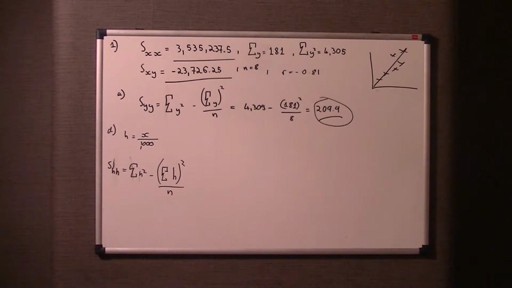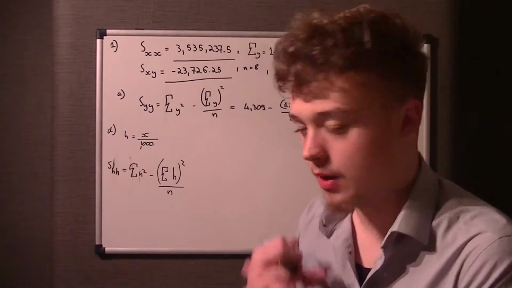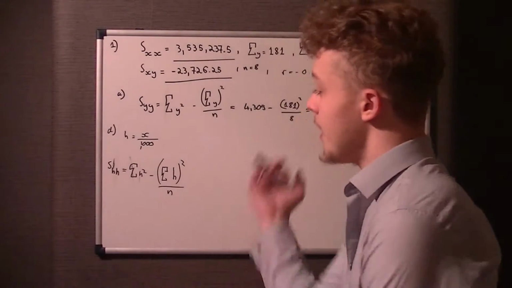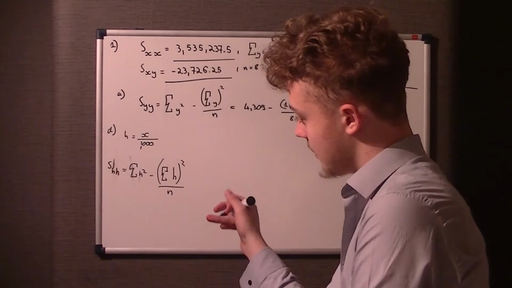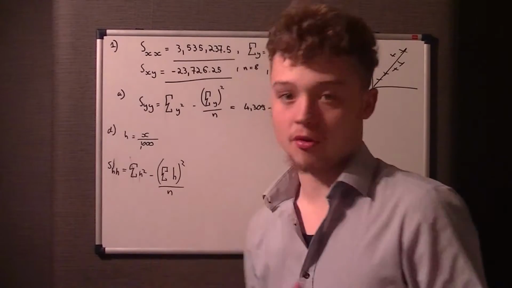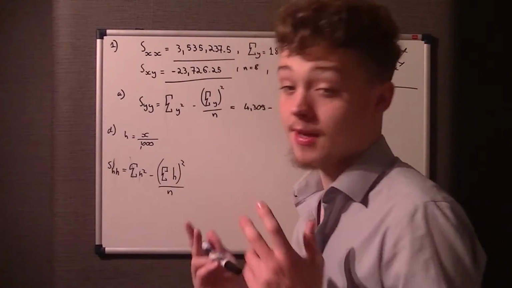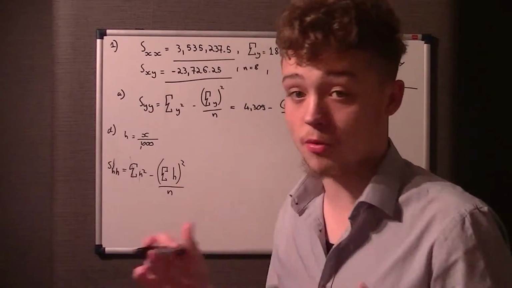All we know is H is related to X, so what we've got to do is, I'm trying to explain this in a way without giving it away, we've got to be able to put this in some form of X, some X value that we've worked out, either SXX or the sum of X or the sum of X all squared.